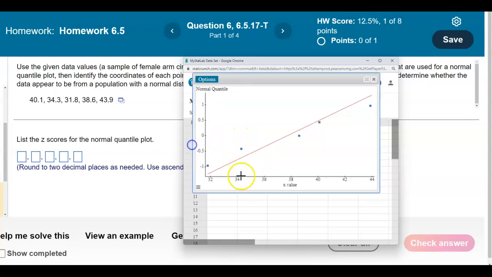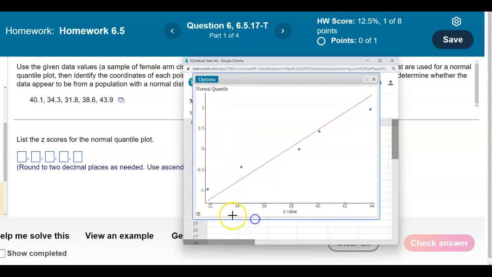Recall here that the x value is located on the x-axis, and over here, the y value represents the z-scores. So if you click on that point, you're going to see the following. When you highlight over that point, you're going to see that you have row 3.